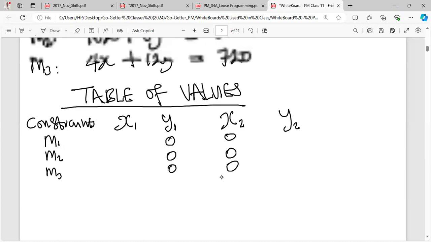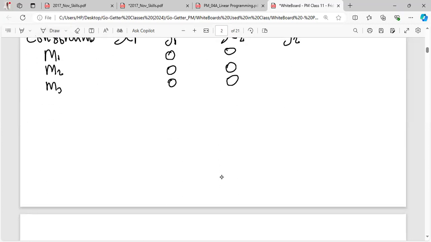Let's bring x1 to fill the table of values. Our m1 happens to be 8x plus 10y equals 800.